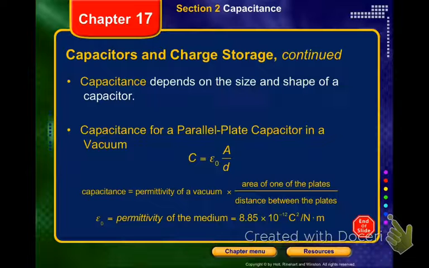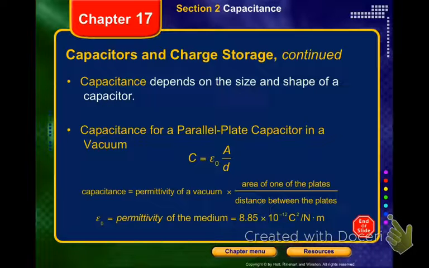You've got the area of one of the plates, and again, area is length times width, and then you have the distance between the two plates, and area is going to be in meters squared, distance is going to be in meters. So again, when you do meters squared divided by meters, you'll end up with meter there, which will end up canceling out with the meter that's in the denominator of your permittivity constant.